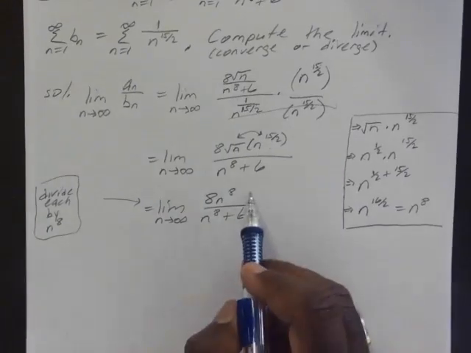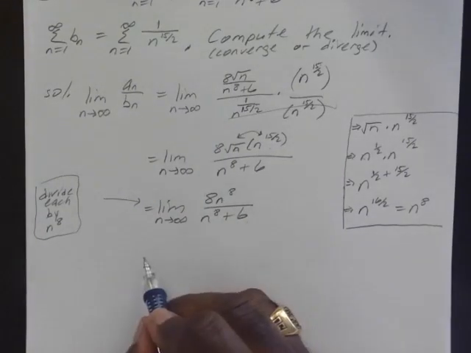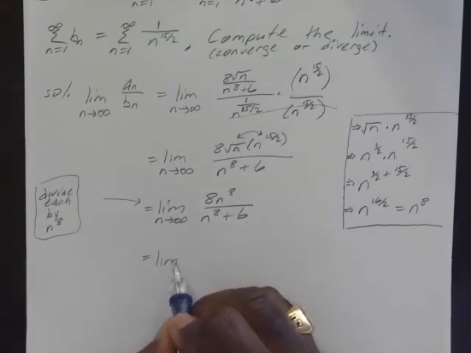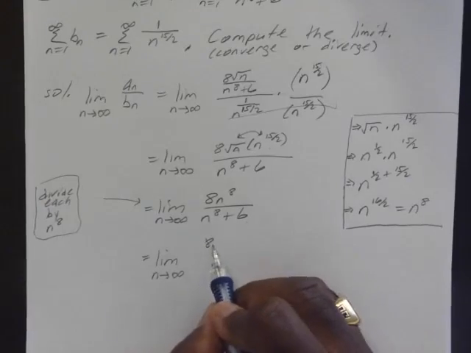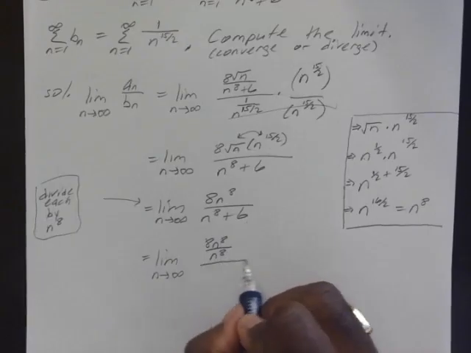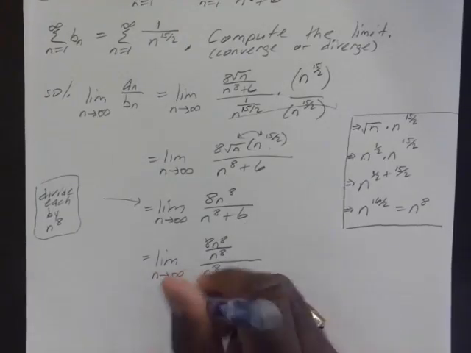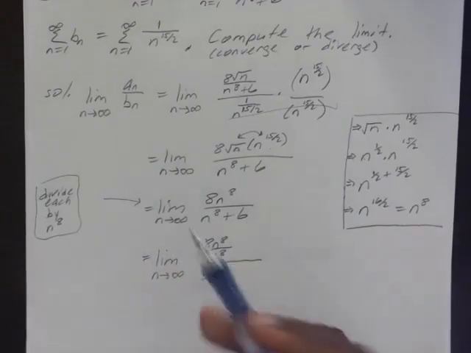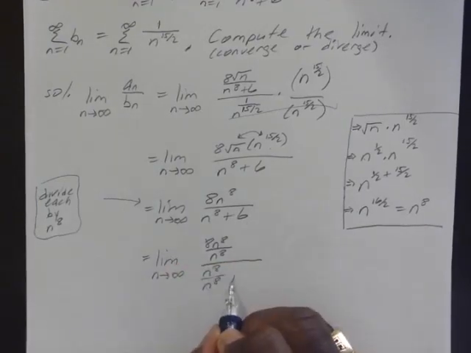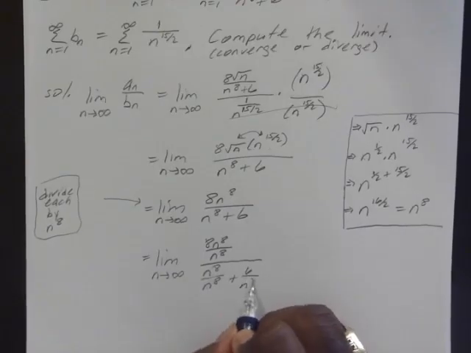Or multiplying it by 1 over n to the 8th power, same thing. So we have the limit as n approaches infinity of 8 times n to the 8th power divided by n to the 8th power, divided by n to the 8th power divided by n to the 8th power, plus 6 divided by n to the 8th power.